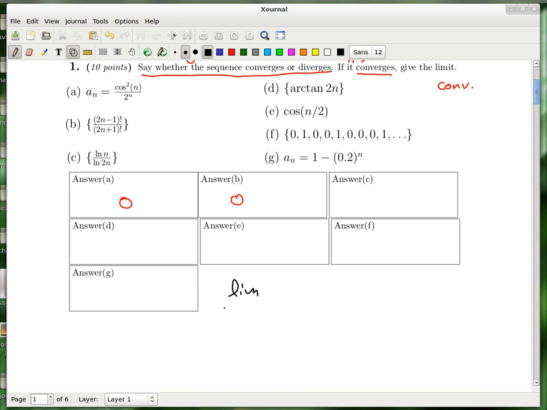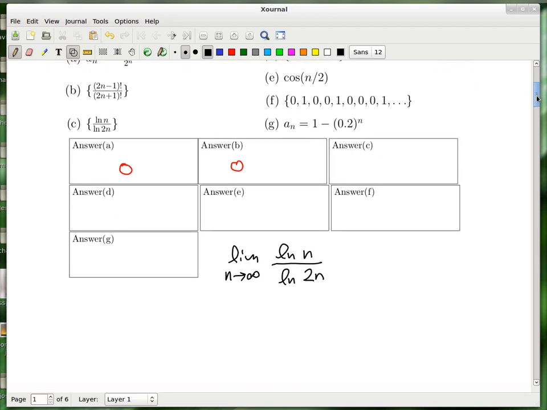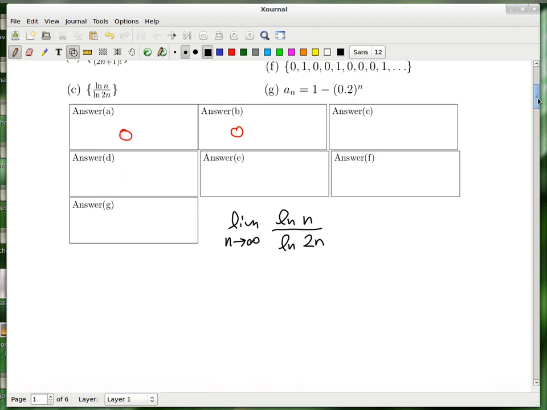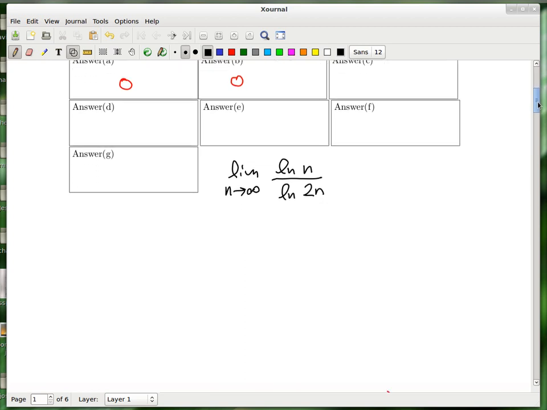We're going to be looking at the limit as n goes to infinity of natural log of n over natural log of 2n. Well, you have two choices here. One is you could use L'Hopital, and another way, let's do it this other way.